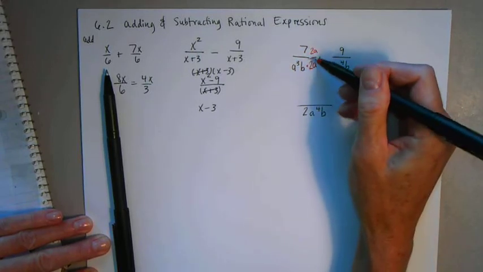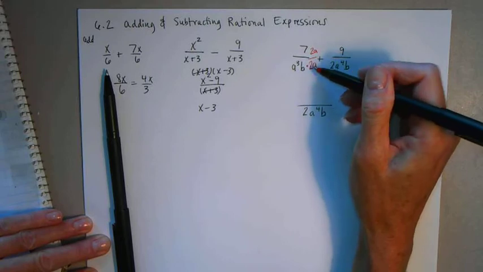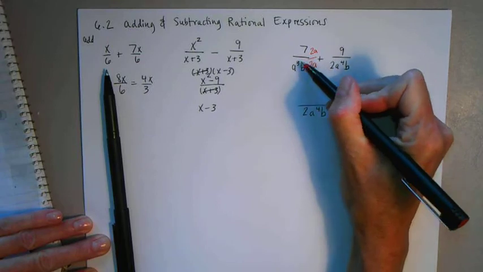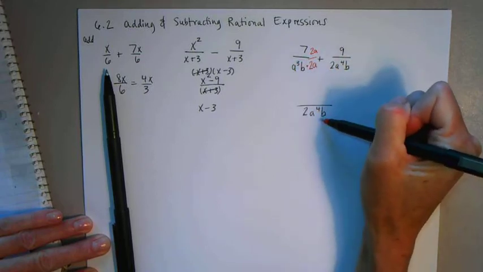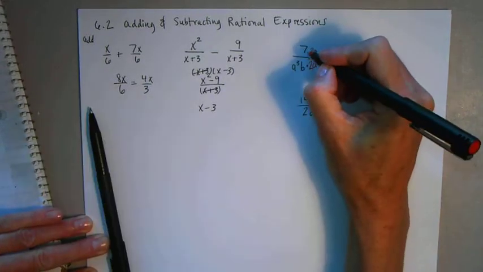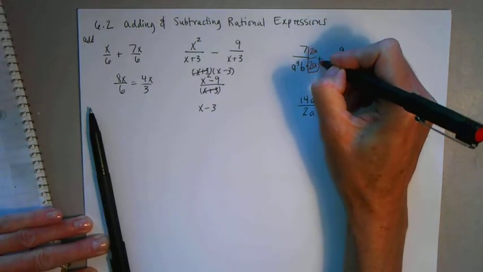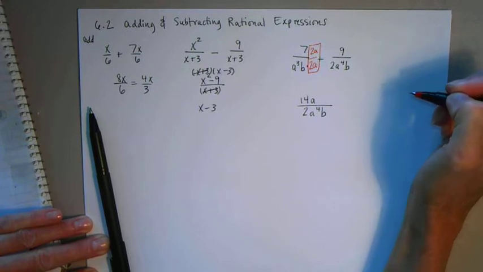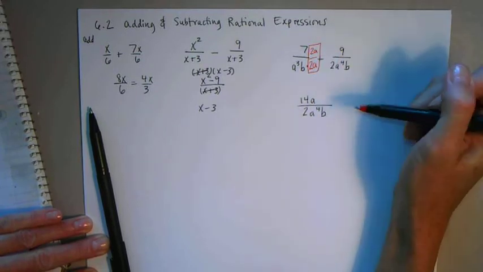Because now I'm only multiplying by 1. So the bottom will be 2a to the fourth b. But on the top, now some students I've seen like to put that in a rectangle so that they remember they inserted it into the problem. And that might be smart if you don't have multicolors.